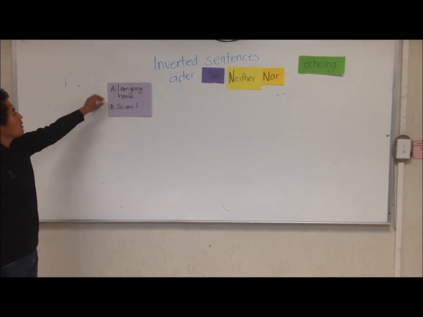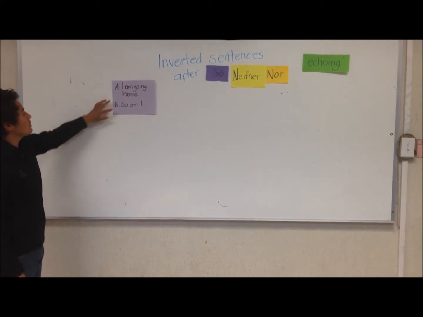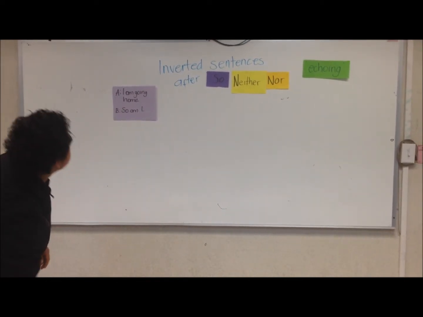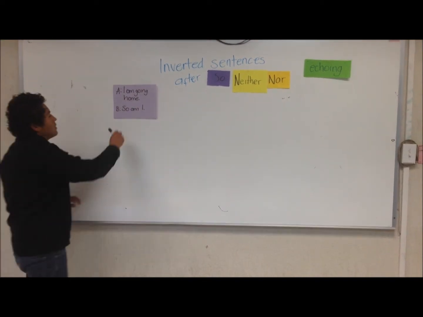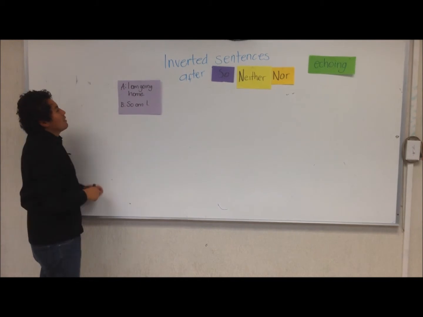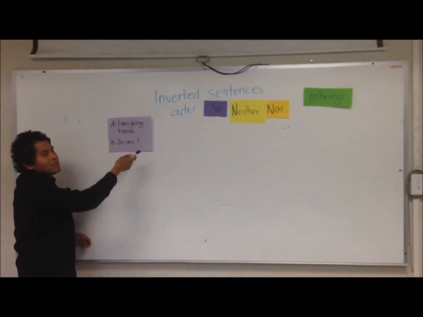First, we have two persons talking. Student A says, I'm going home. Student B answers, so am I. So what happens here? Student B is agreeing with what student A is going to do. He is going home. Oh, he is too.